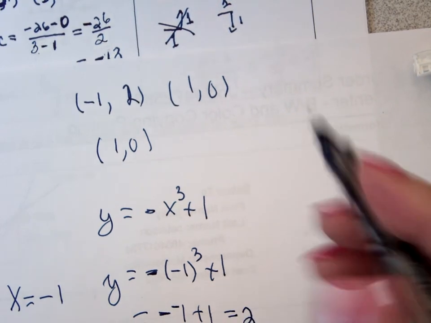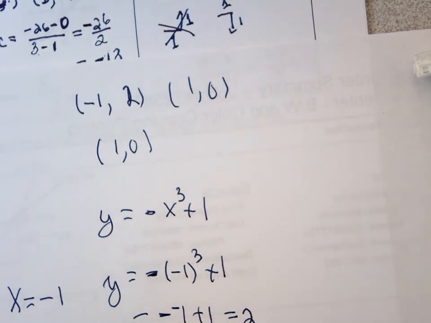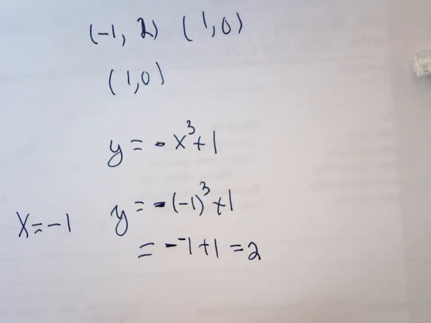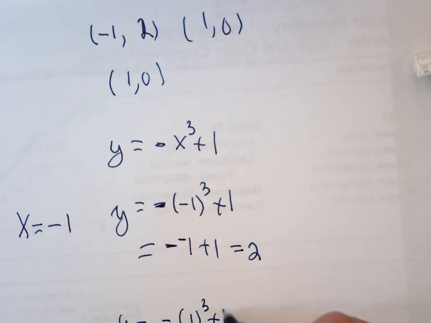So it's negative 1, 2. And if x equals 1, then I get that y equals minus 1 cubed plus 1, which is 0. So it's 1, 0, and negative 1, 2.